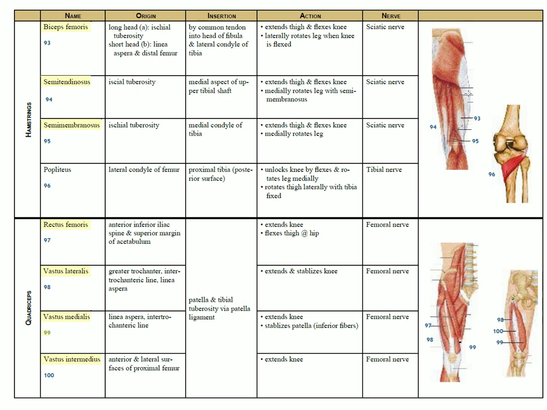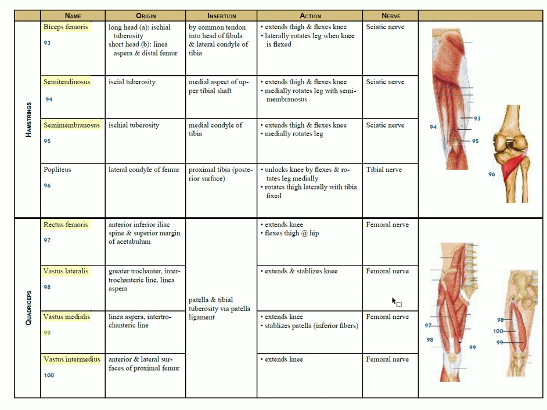Biceps femoris, semitendinosus, and semimembranosus. Hamstrings. Popliteus, that one's just underneath the knee, but I'm not going to make you know that. Quadriceps. We have 4, rectus femoris, vastus lateralis, vastus medialis, and vastus intermedius.